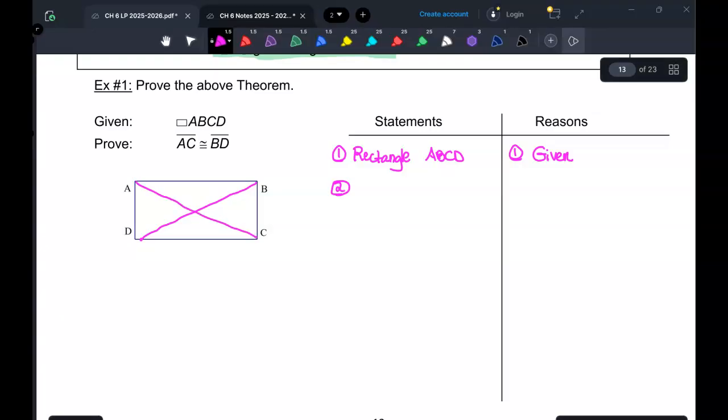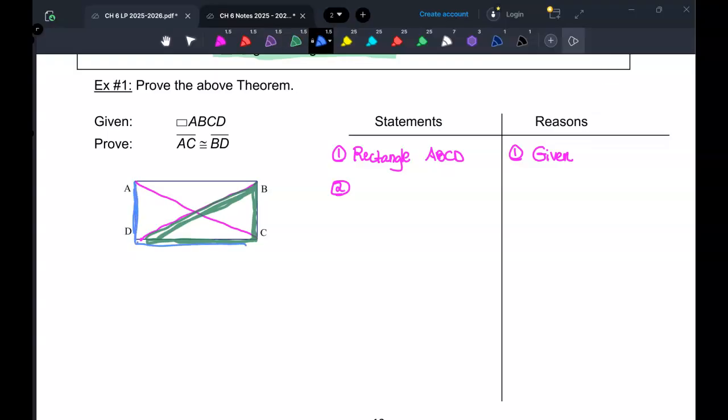Okay, so we're trying to get this triangle here congruent to this triangle. If we can get this triangle congruent to this triangle, then by CPCTC, these two sides will be congruent. Are the ADs congruent? Yeah.